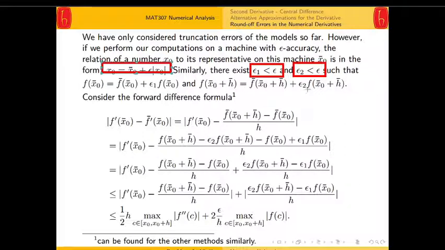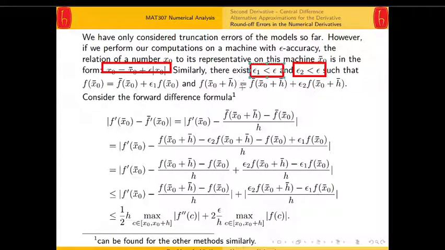And also here, the function value at x naught bar plus h bar will be equal to the machine representation of this operation plus epsilon times the function value itself.